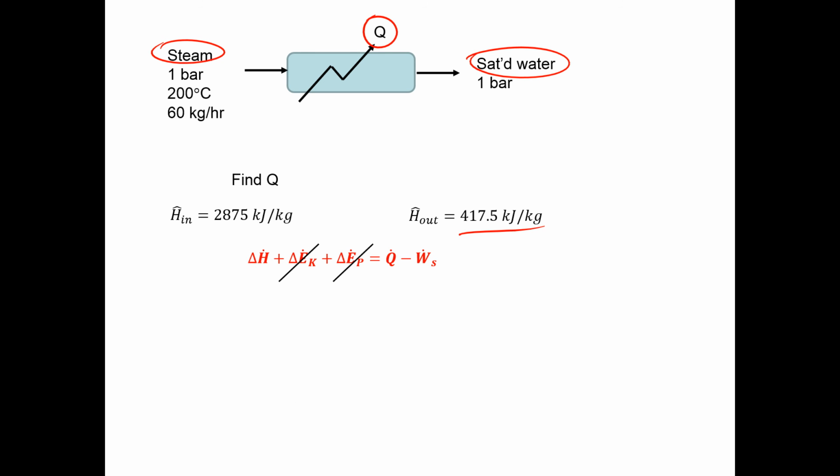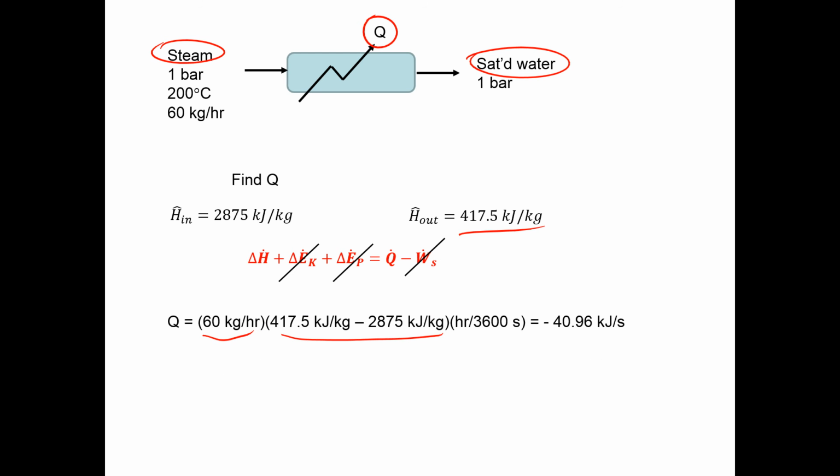Again, kinetic and potential energy are 0. Also, for the shaft work, there are no moving parts there, so it's just going to be equal to the heat removed. We do a mass flow rate times the change in enthalpy, and let's also convert it to seconds. There we have about 41 kilowatts of energy that is removed from the system. That's heat removed.